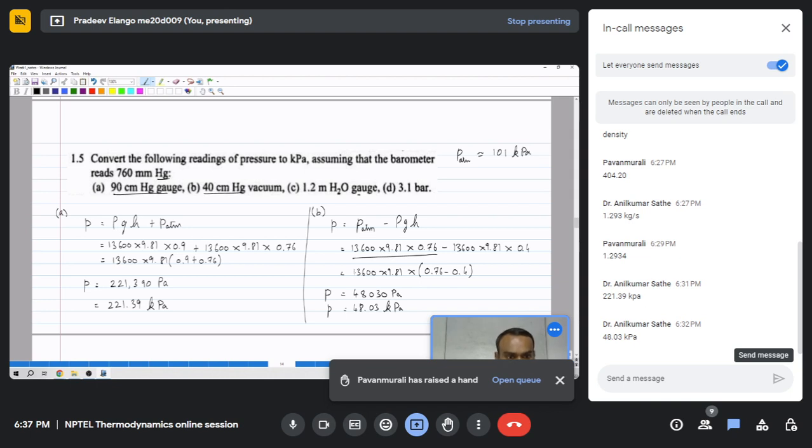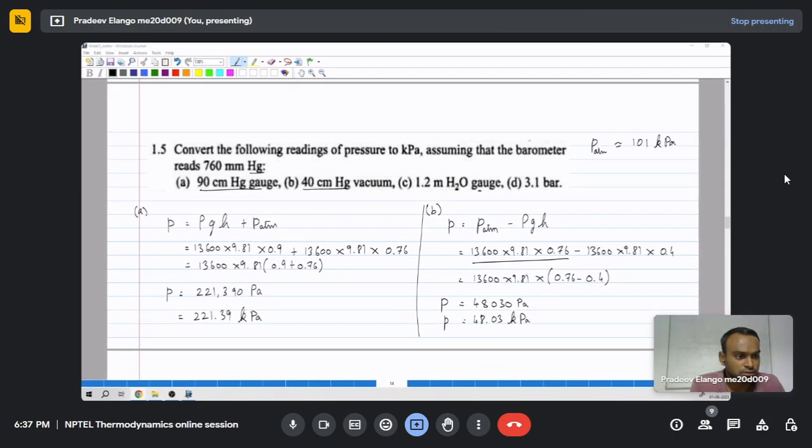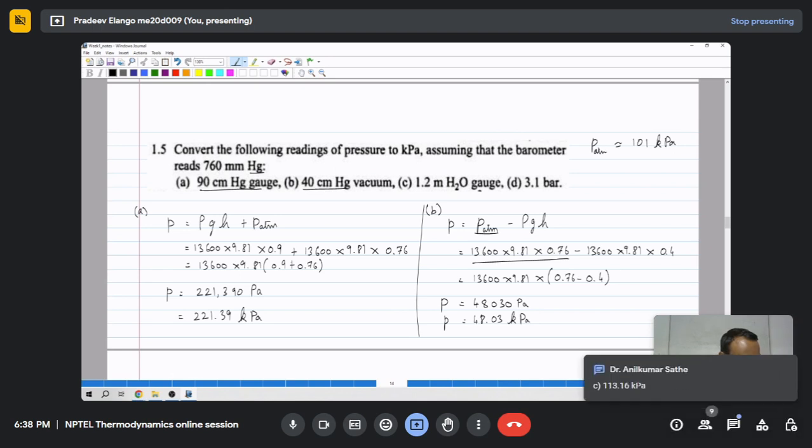Yes, sir. Actually the multiplication is there, sir. P atmosphere minus rho GH. In that, the terms P atmosphere and rho GH are both separate terms. I have a doubt that according to the BODMAS rule, after performing the division, multiplication, and addition, only then we finally have to perform the subtraction, sir.